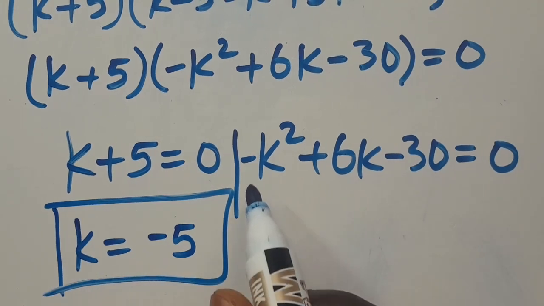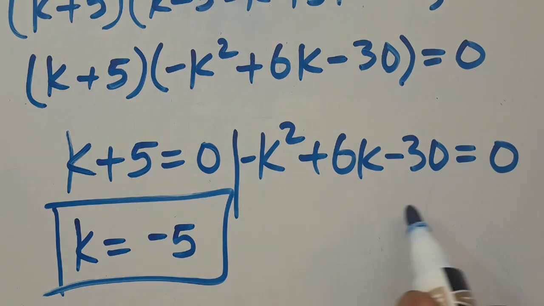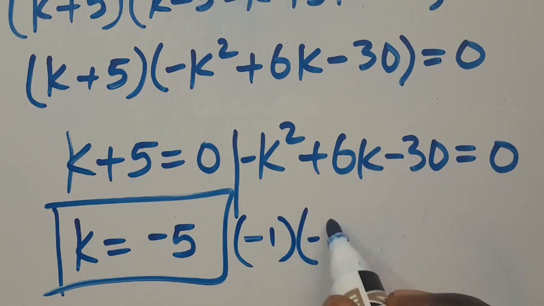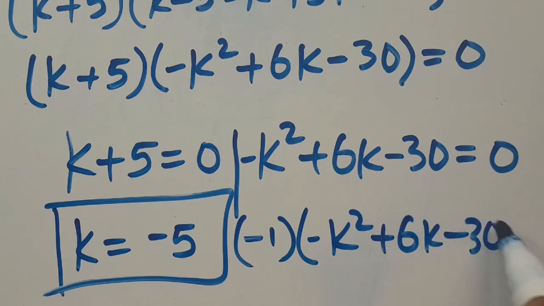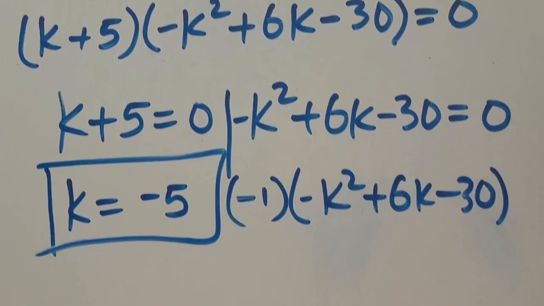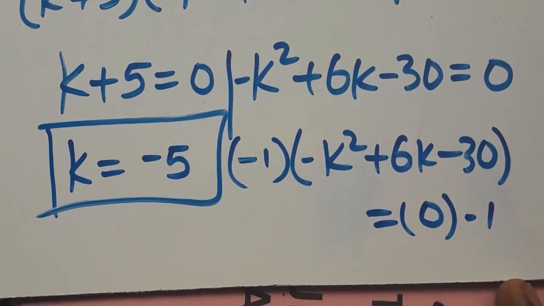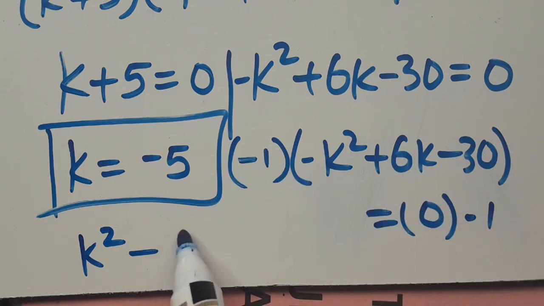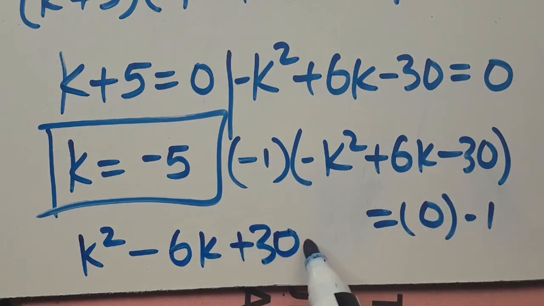Then from here, the coefficient of the highest power, we want to eliminate this negative by multiplying through by minus 1, then multiply by minus k squared plus 6k minus 30, then we close it, that equals 0. So definitely from here we have k squared, minus times minus will be plus, minus times plus 6k, we have it to be minus 6k, minus times minus here will be plus 30, then we have everything to be equal 0.